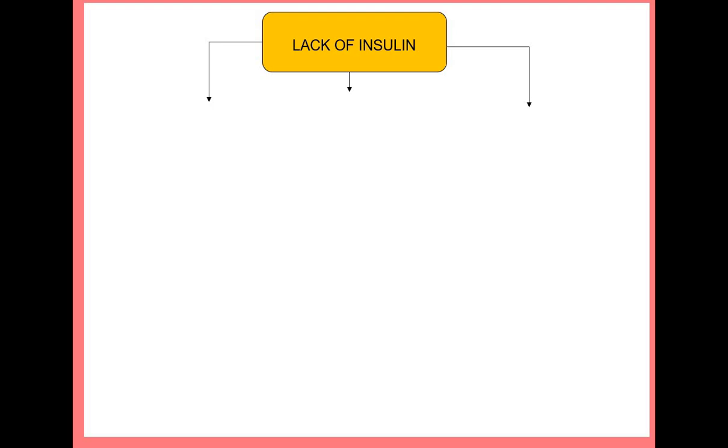Fine. So consider a case where there is a lack of insulin. Now you will ask when there will be lack of insulin. Lack of insulin will happen when there is an autoimmune condition, which could be because of genetic problems, or sometimes because of viral infections at an early age.